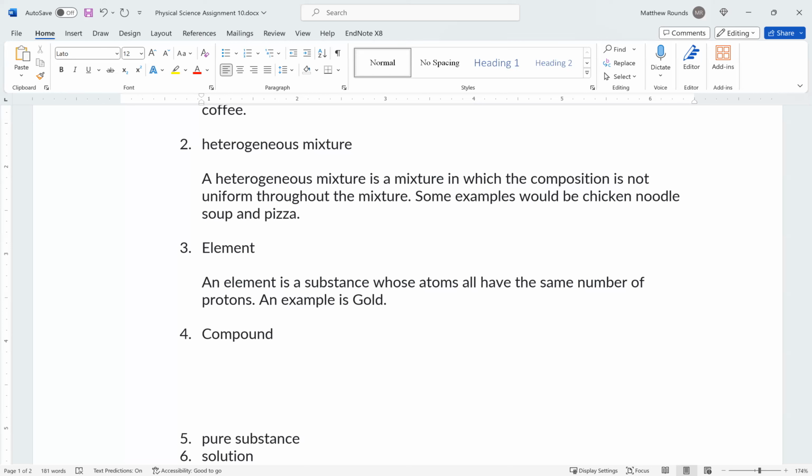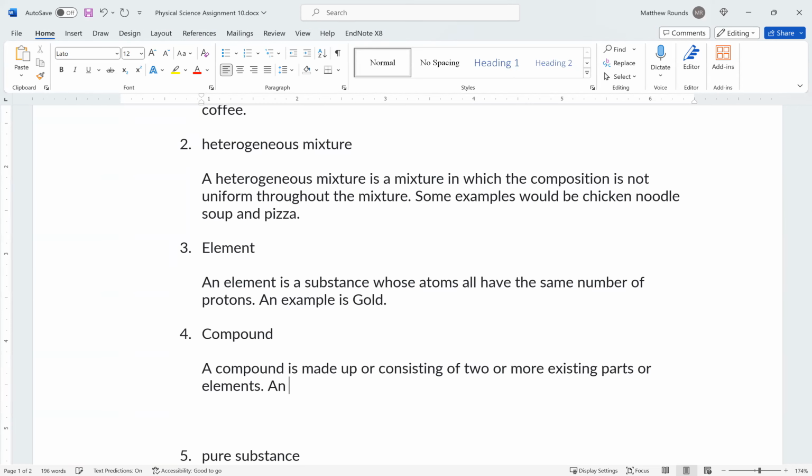All right, here's the meaning for compound. Okay. All right. So can you give me an example of a compound? I didn't know sugar was a compound.